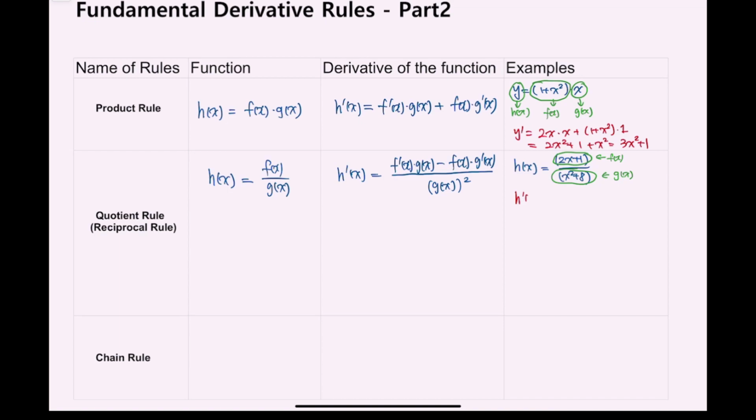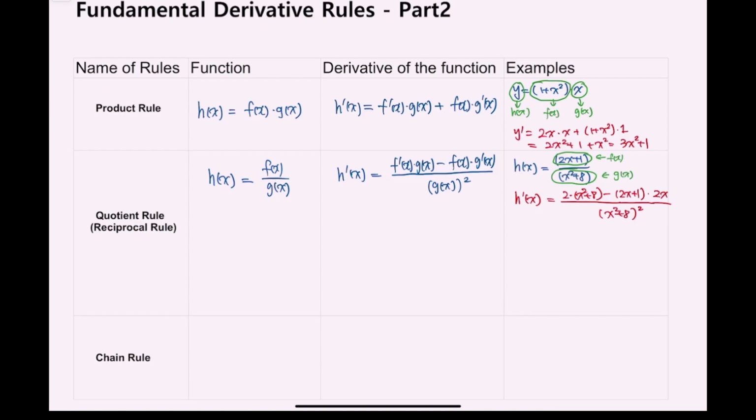And the derivative of the h(x) is 2 times (x squared plus 8) minus (2x plus 1) times 2x over (x squared plus 8), the whole thing squared.